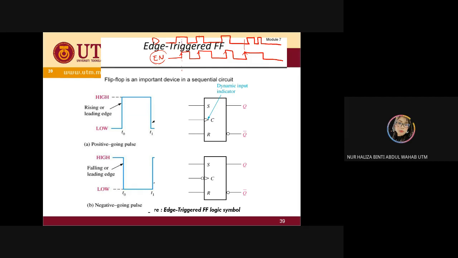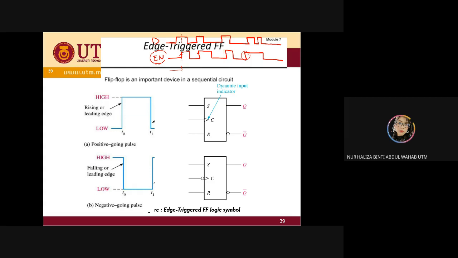At this arrow, it is triggered and looks into your input. So it will change at this point only. At this clock, you're going to look into your input. That one is for a positive clock.